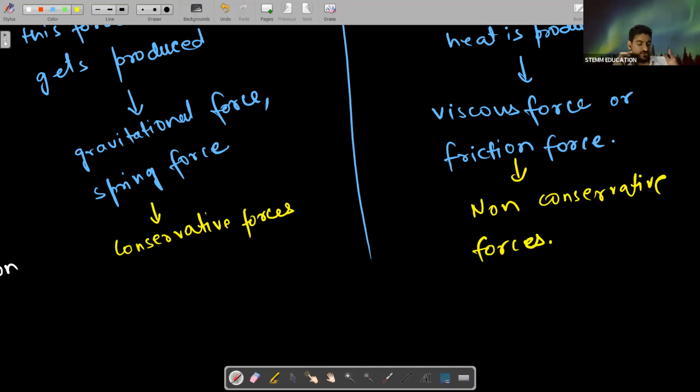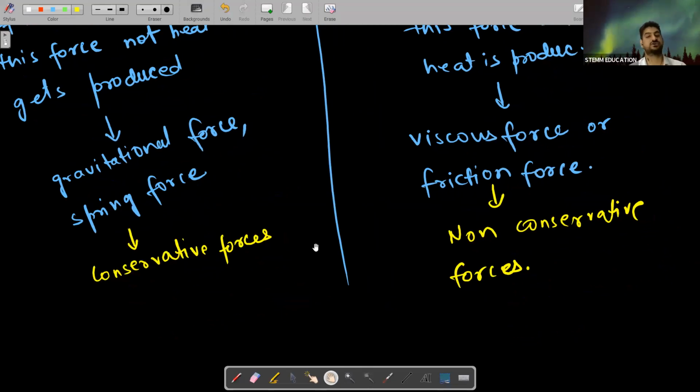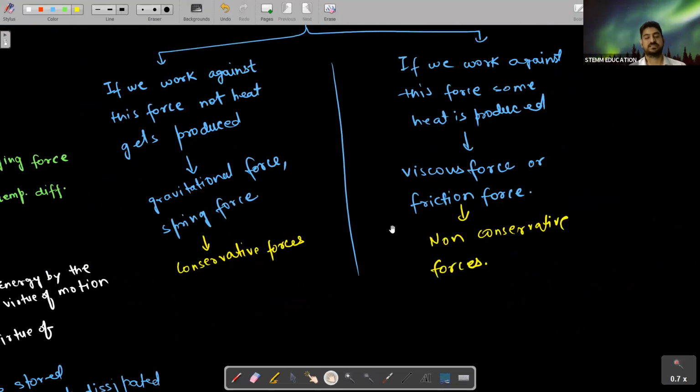We are going to apply an external force opposite to the given force, and if heat is produced while the work is being done, then it is a non-conservative force. But if there is no heat produced, then it is a conservative force, and this does not create any kind of heat.